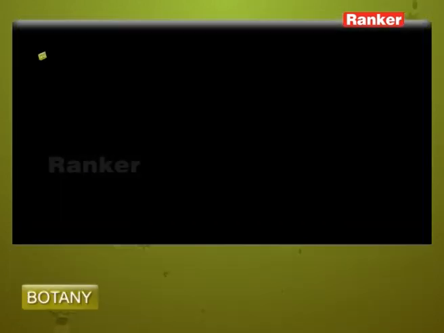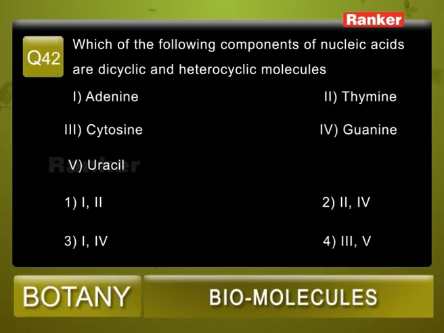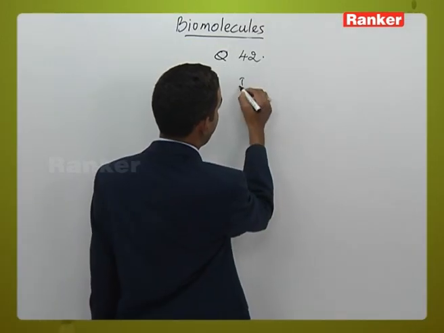Question number 42. Which of the following components of nucleic acids are dicyclic and heterocyclic molecules? 1. Adenine, 2. Thymine, 3. Cytosine, 4. Guanine, 5. Uracil. So let's come to the first one, adenine.